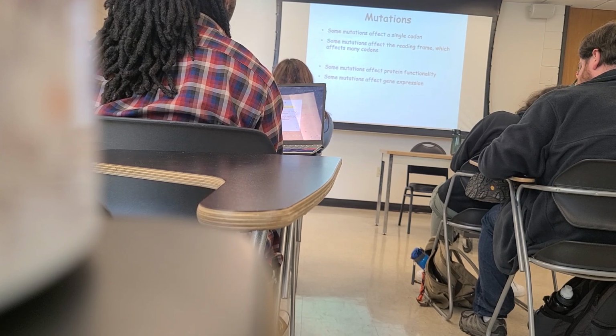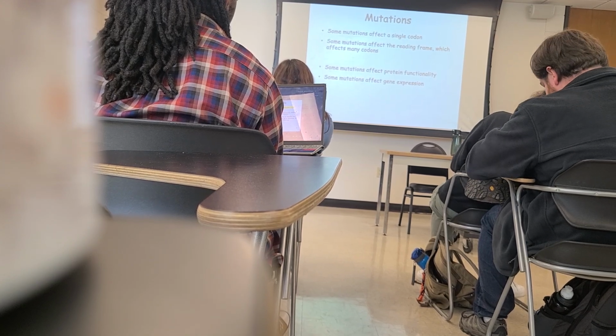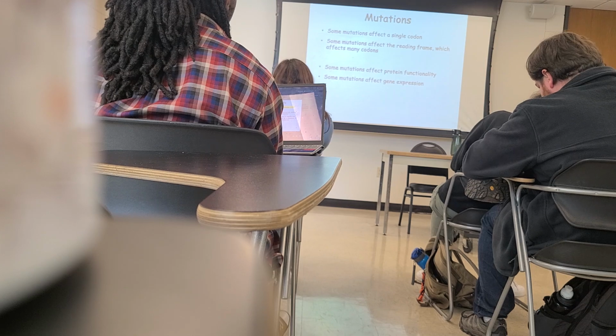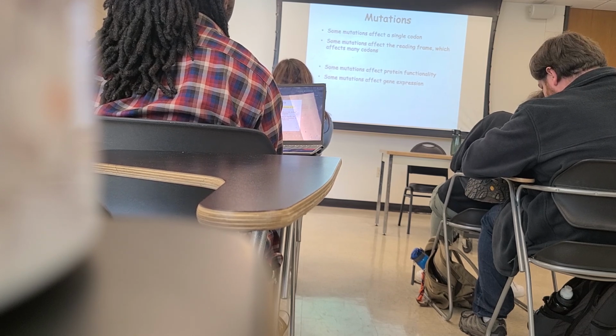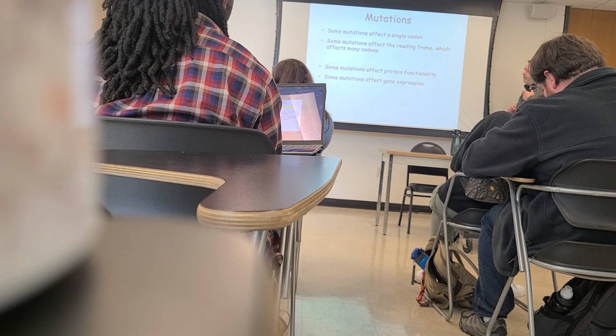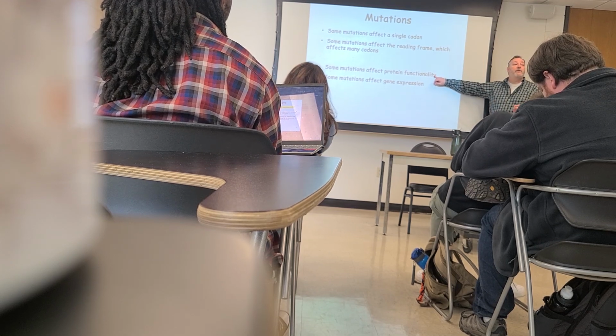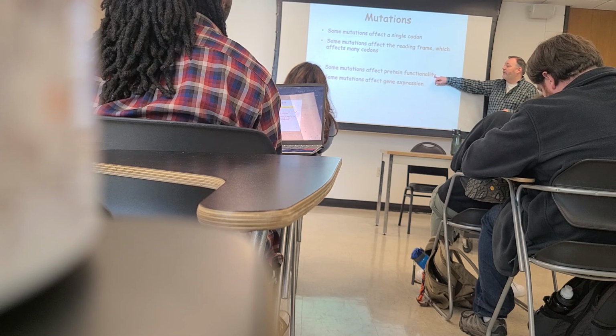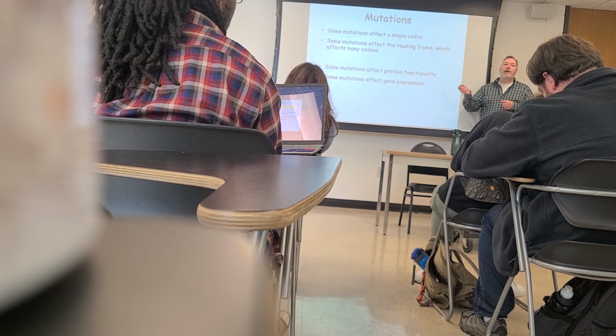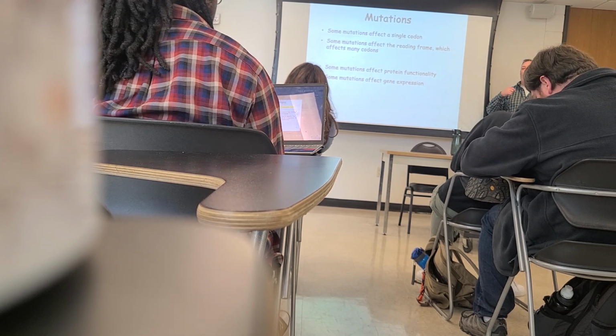So you can have mutations that affect the gene sequence or the promoter region. Those are the two places where we're going to see things become a problem. And if the mutation is in the gene, it could have some effect on how the protein functions. And as we're going to see in a little bit, that could be a good change, a bad change, or a neutral change.